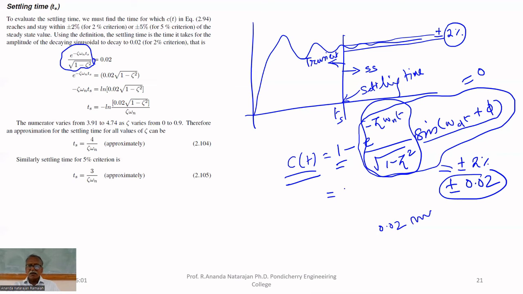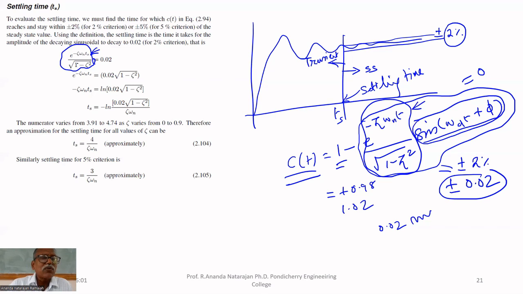Therefore, you will get values from 0.98 to 1.02 because of this tolerance of plus or minus 0.02. But the sinusoidal value is not always 0. Periodically it becomes 0, not always 0. That's why its amplitude is decided by this, and this part is taken and equated to 0.02.